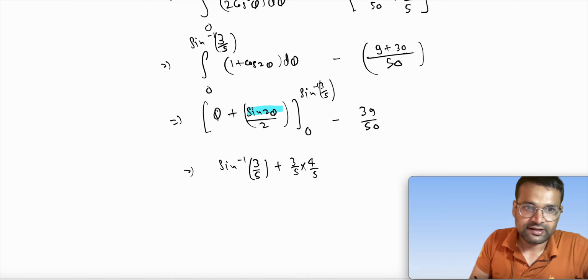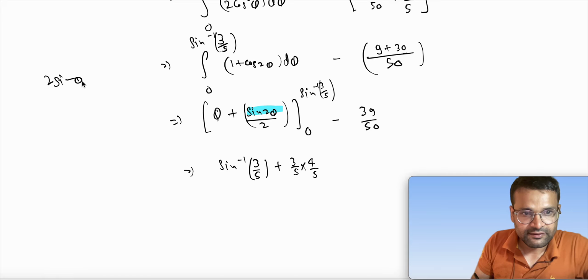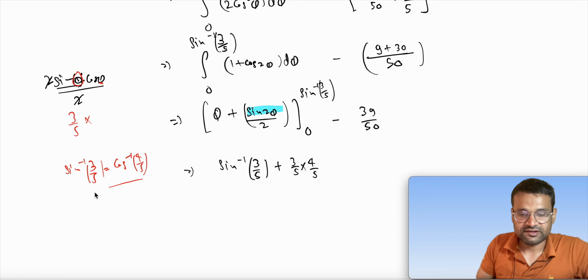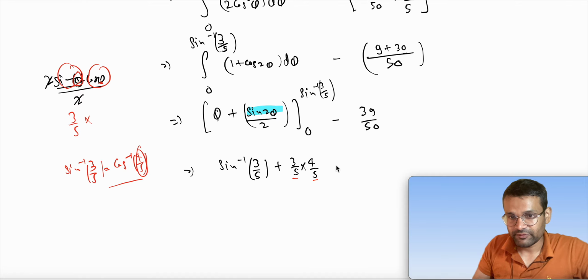When you solve this part, it is 2 sine theta cos theta by 2. This 2 is cancelled, and when you put the value of theta, sine is simply 3 by 5, and cos is 4 by 5, since sine inverse 3 by 5 is the same as cos inverse 4 by 5. That's why I'm writing 3 by 5 into 4 by 5 minus 39 by 50.